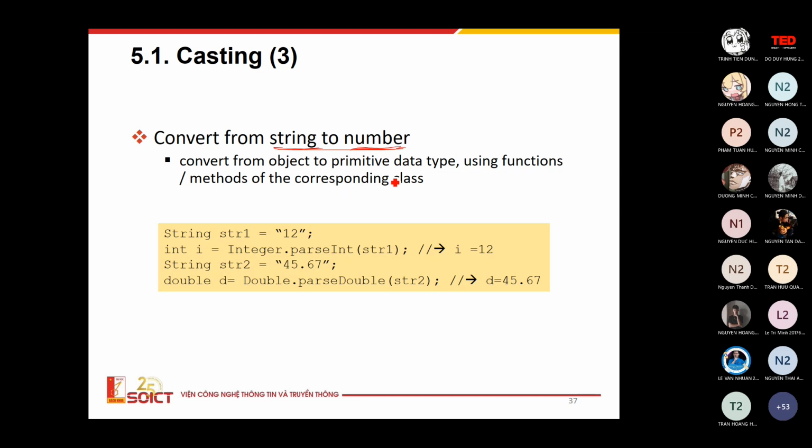For example, you have a string str1 of the string type, and the value is between the quotation marks, a combination of two characters 1 and 2. You know that we see 12. And now you want to convert this str1 into int, convert it into a numerical value.